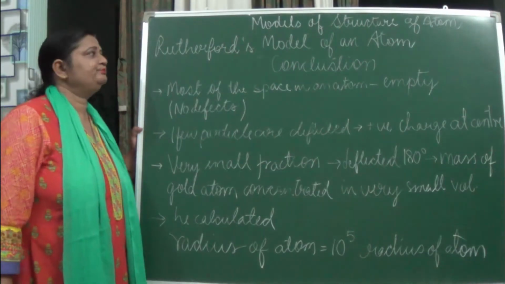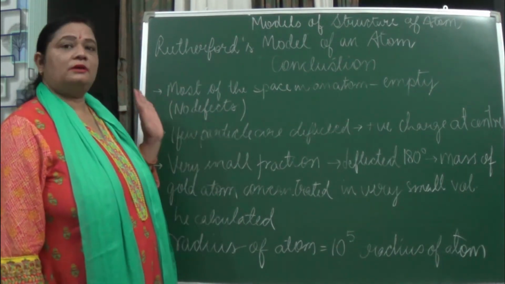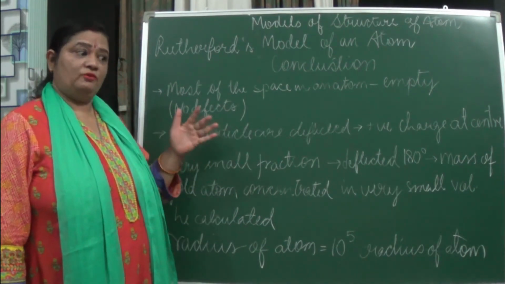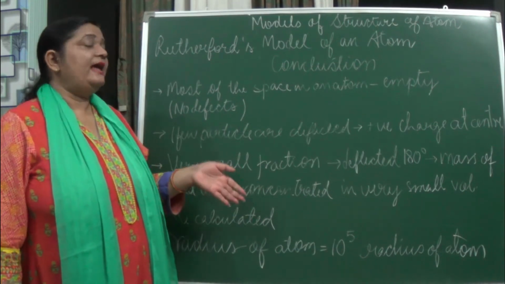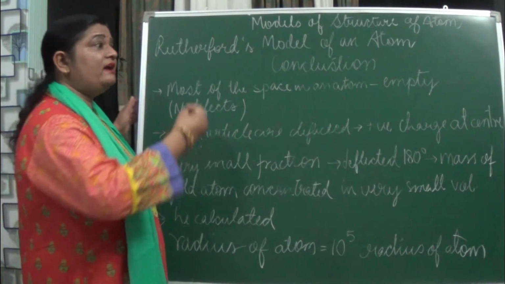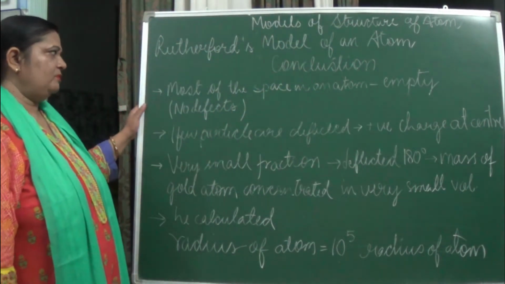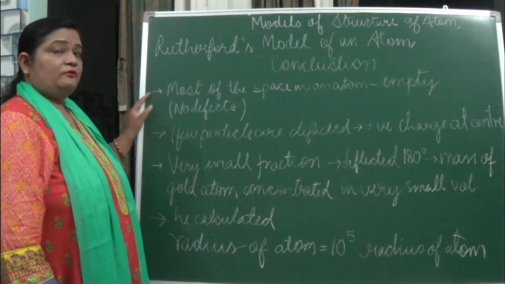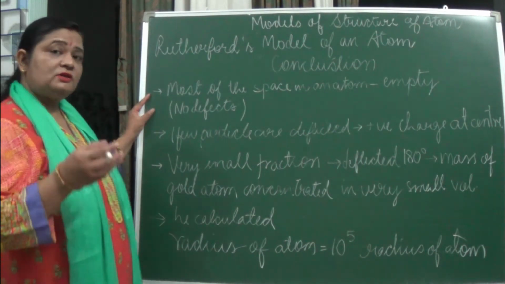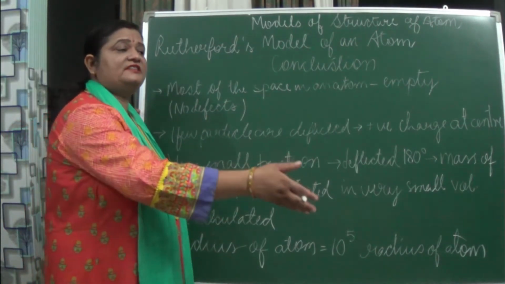Now, he did the experiment, made the observation, he saw what is happening, isn't it? And then he came to a conclusion. Why actually is this happening, that most of the alpha particles are going straight? I said to you, with the example of the boy, if the fence is there, it will not reach.